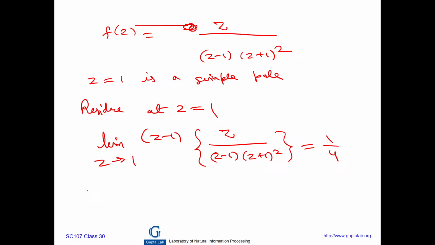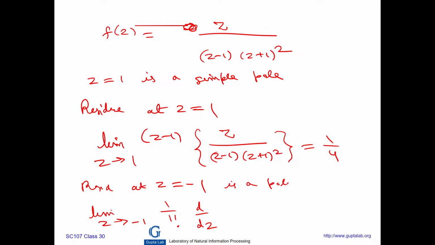Similarly, if I want to compute residue at z equal to minus 1, in that case limit z tends to minus 1 of 1 over factorial 1 d over dz. Now because you see z is equal to minus 1 is a pole of order 2, so k is equal to 2 here, right?